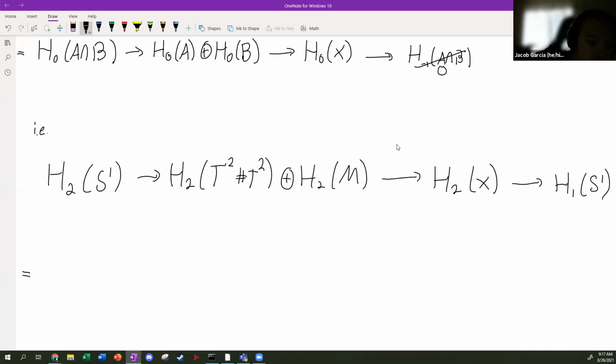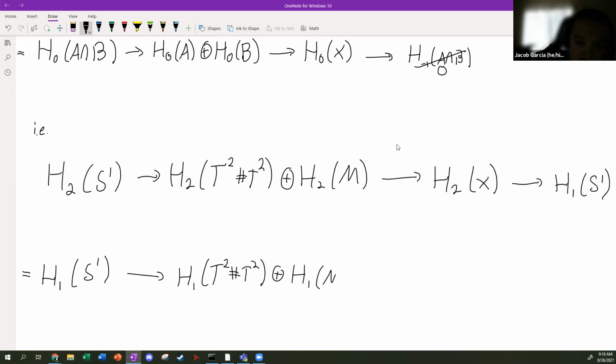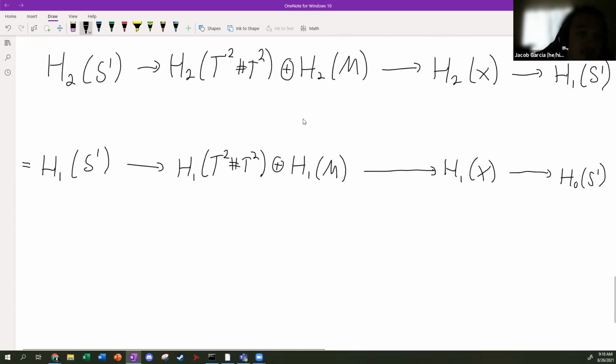I'm going to give myself some space so that I can write things in. Now I'm just copying everything with 1s instead of with 2s, and giving myself a lot of space between these things.